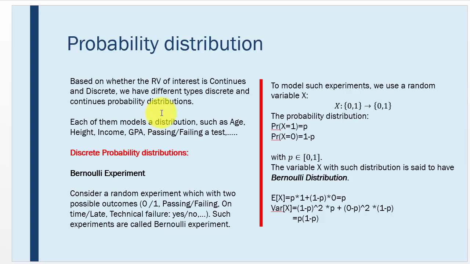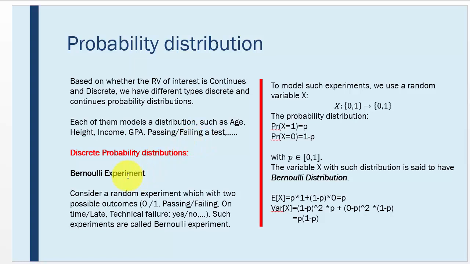Please remember that the distributions that we are discussing in the following are theoretical distributions but model different distributions of different variables in the real world, such as age, height, income, GPA, passing or failing a test, and so forth. We start with discrete probability distributions.